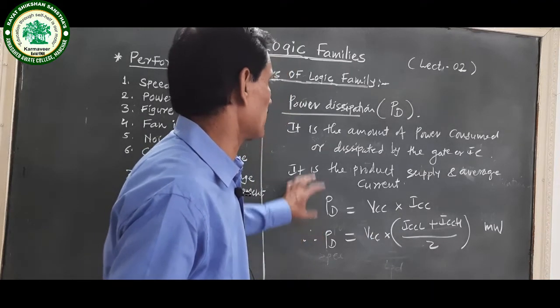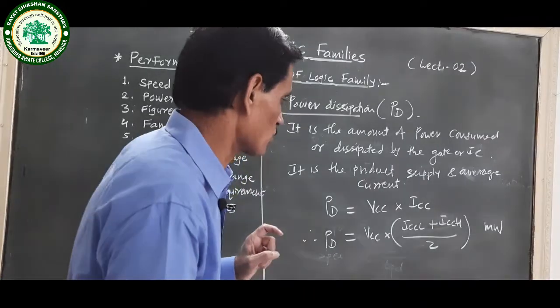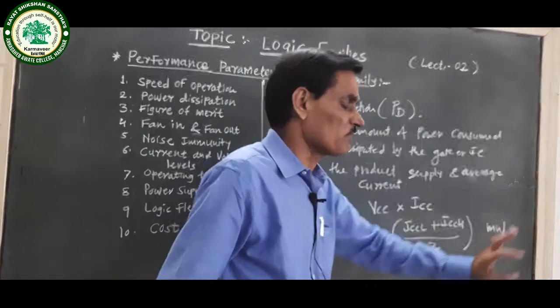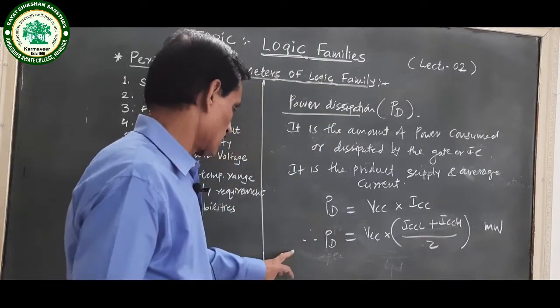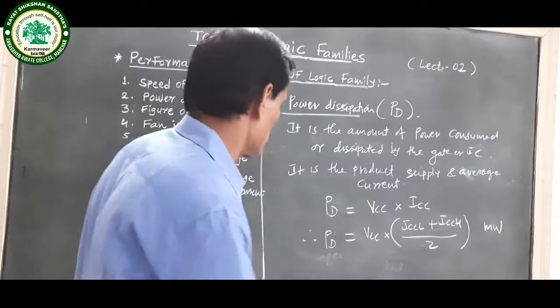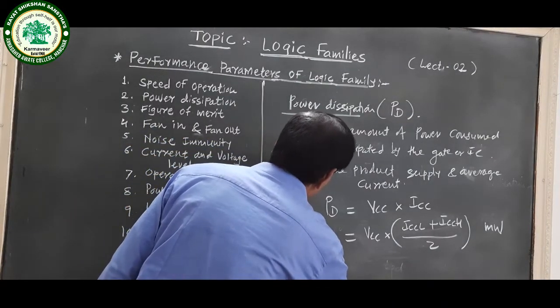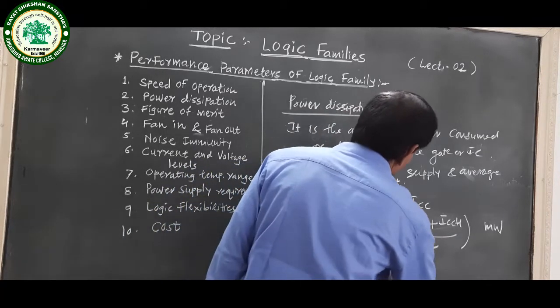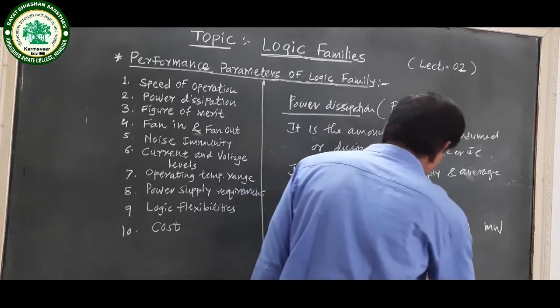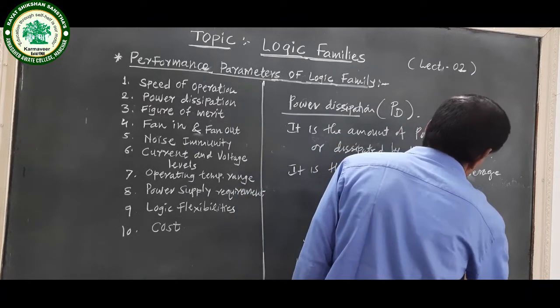Just remember that power dissipation also plays an important role, is in the order of milliwatts, and a low value of power dissipation is always advantageous. Therefore, lastly I will write: low value of PD is always desirable.